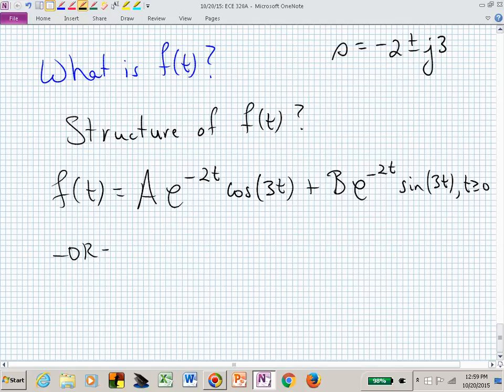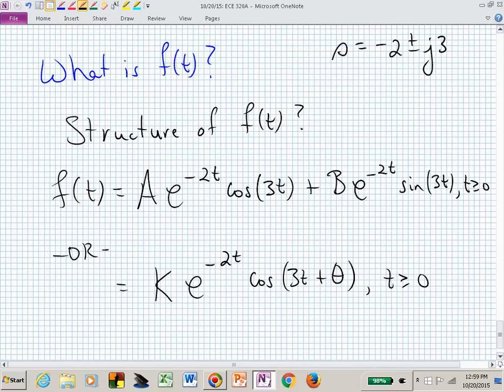That gets a little messy. That's why this expression with just a gain, K, e to the minus 2t cosine of 3t plus some angle, is maybe easier or cleaner to think about.